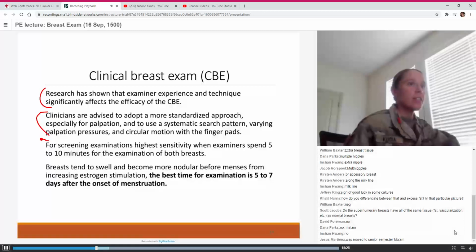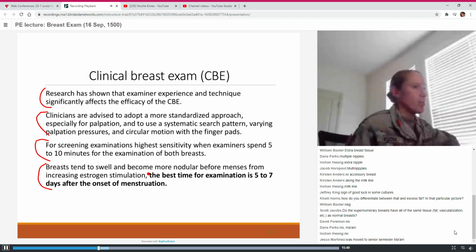People are advised to take 5 to 10 minutes for the breast examination. It's also impacted in premenopausal women by where they are in their menstrual cycle. So for that reason, the utility of the clinical breast exam varies significantly.